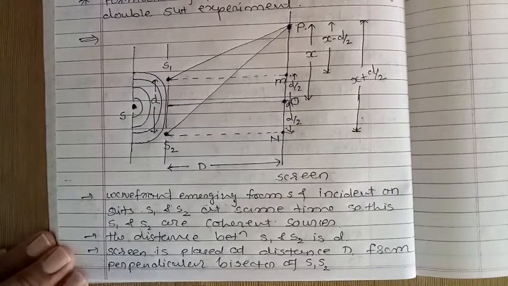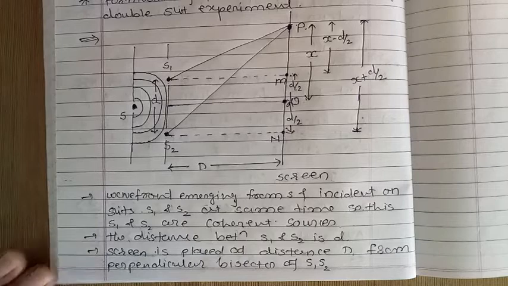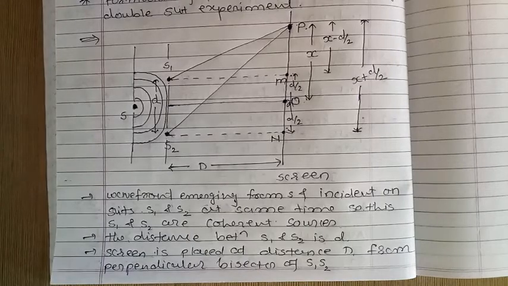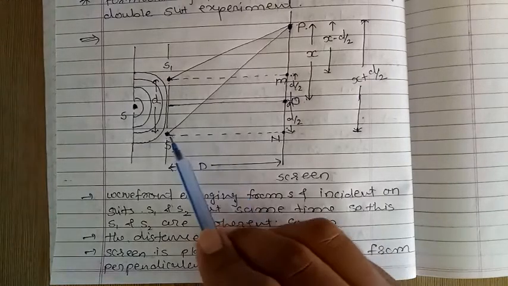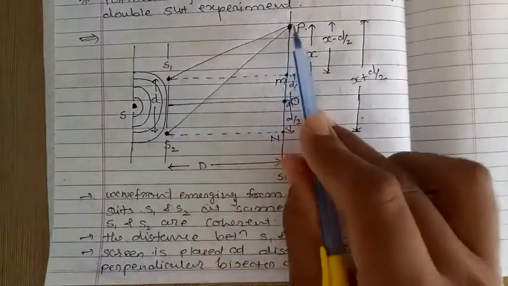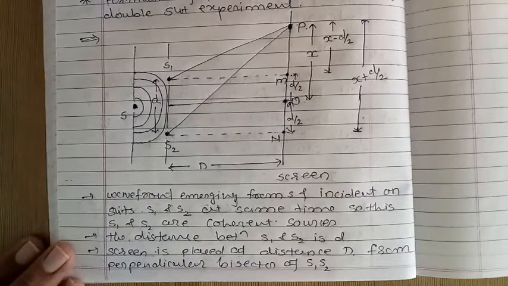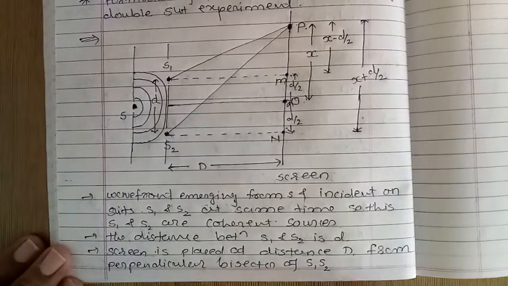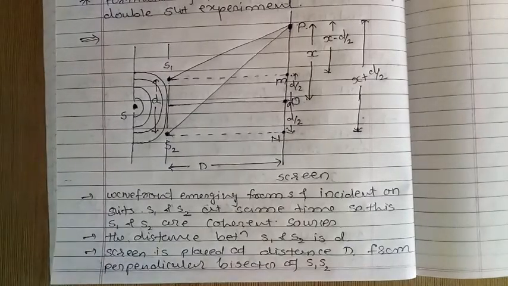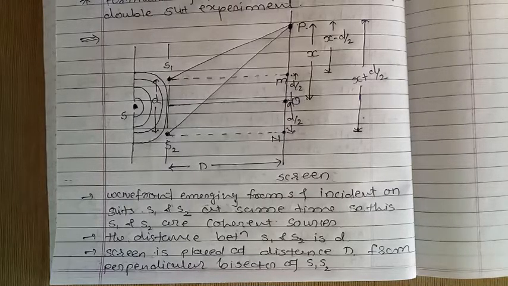Here is the interference obtained at point P on the screen, and we have to find the path difference S2P minus S1P. We don't know the values of S1P and S2P, so first of all we have to find them.